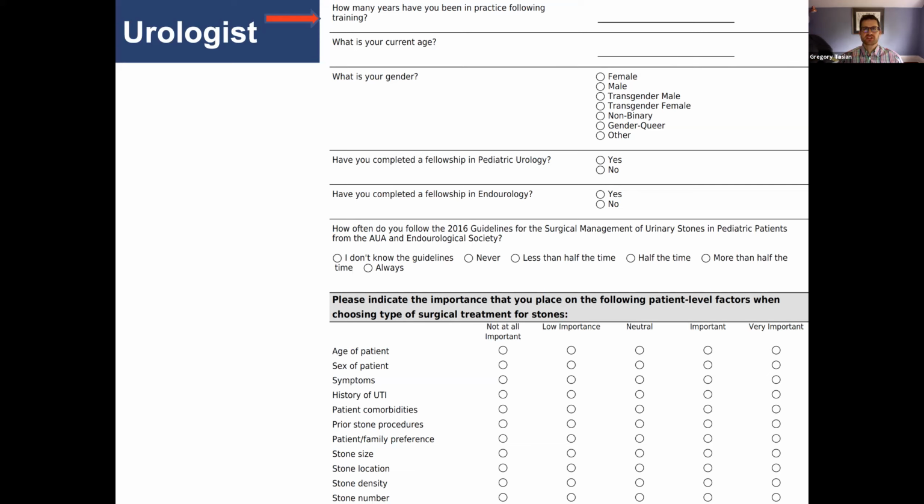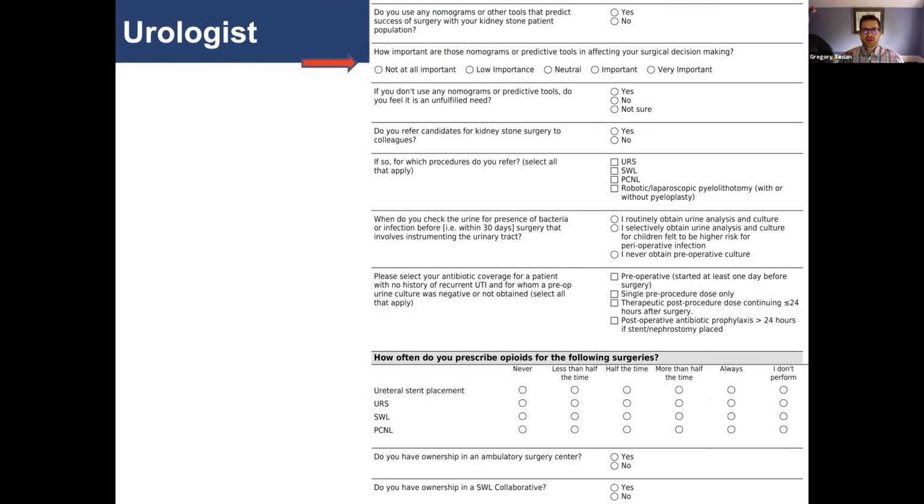And some of these factors include the years in practice following training, the fellowship training, or in some cases, fellowships in multiple subspecialties. And then also the weight to which any individual surgeon places on particular patient characteristics when making surgical decisions.